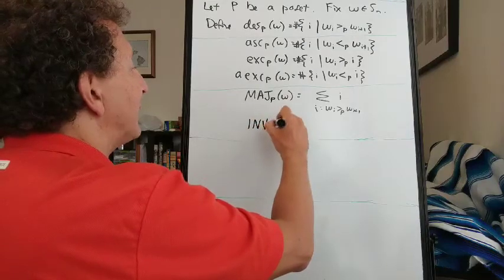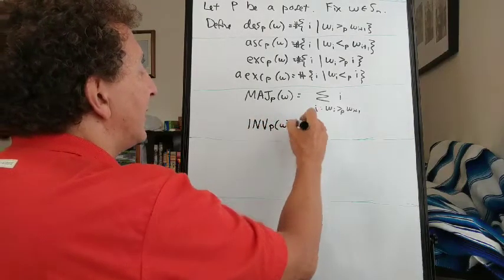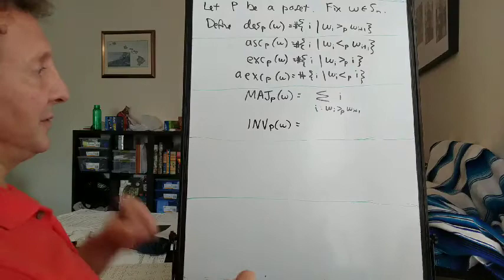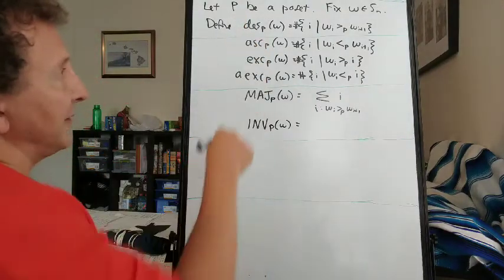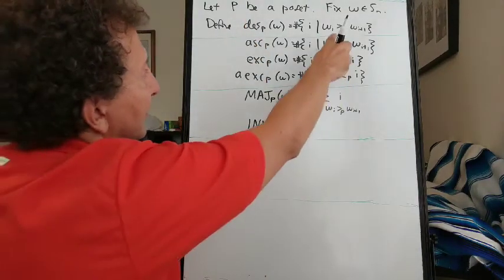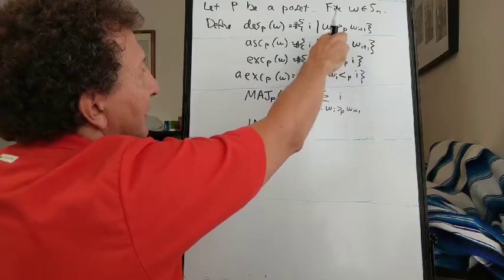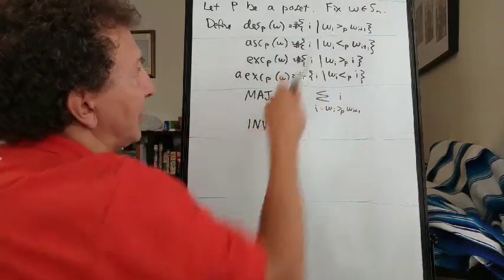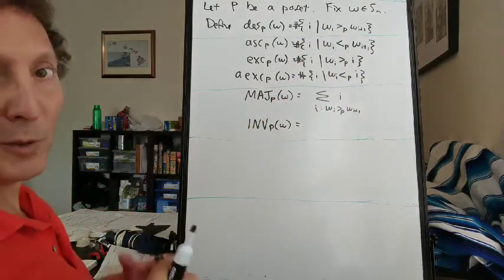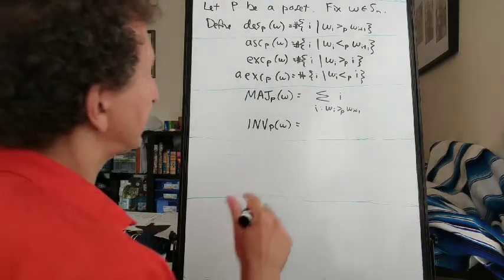And then inversions has a different definition than we might expect based on these. Here we're only counting greater-than comparisons if the two elements are compared that way in the poset.